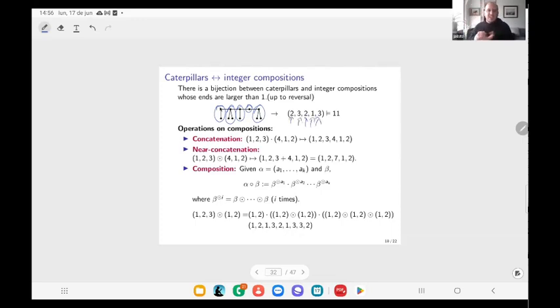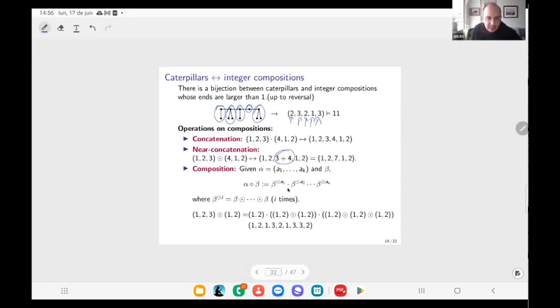So I have a bijection between compositions and caterpillars, and I have 3 operations for compositions. The first, concatenation, is classical. Near concatenation is also classical and used in ribbon Schur functions. Basically, I just add the overlaps.